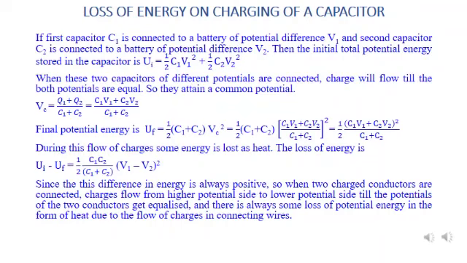Loss of energy on charging a capacitor. If the first capacitor C1 is connected to a battery of potential difference V1 and the second capacitor C2 is connected to a battery of potential difference V2, then the initial total potential energy stored in the capacitors is Ui equals half C1 V1 square plus half C2 V2 square.